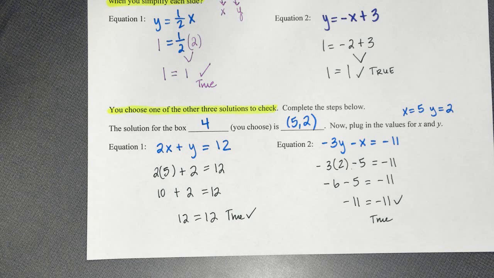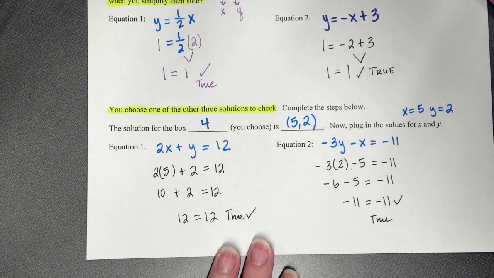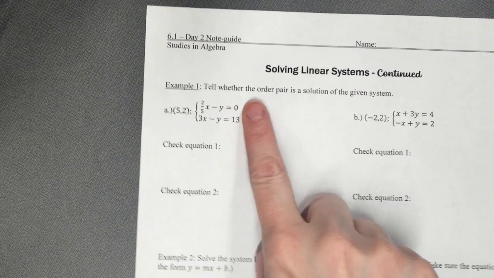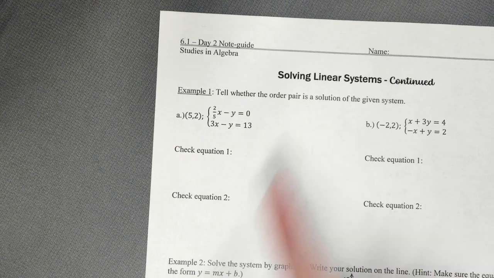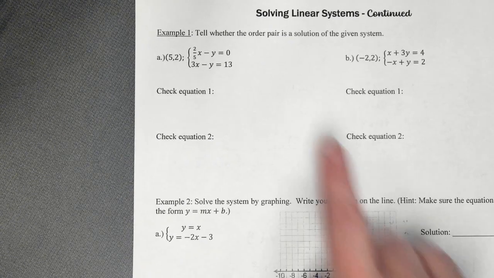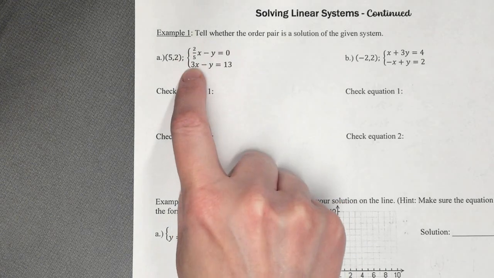But sometimes we're going to have to test solutions, and that's what we're going to do on the back page today. Okay, so we're going to flip it over. And we're going to tell whether this given pair is a solution of the system. So this is how systems are written.